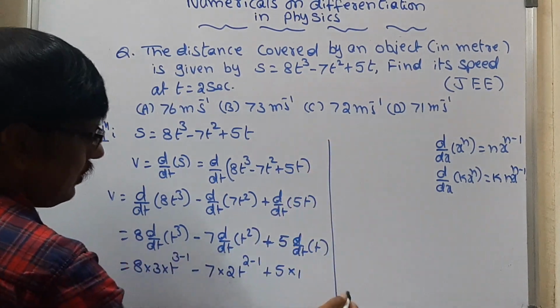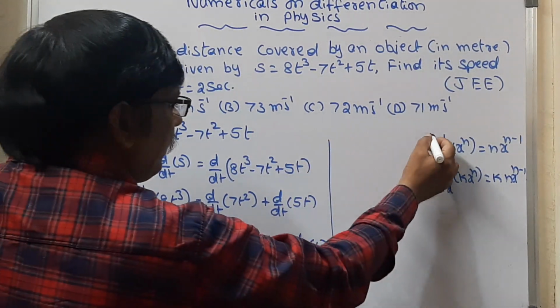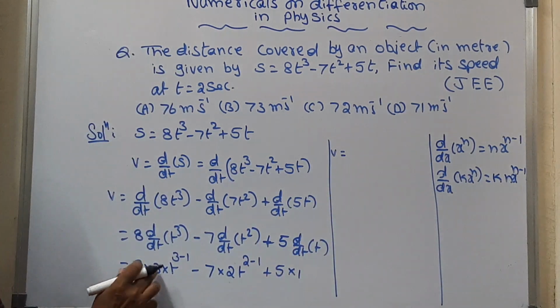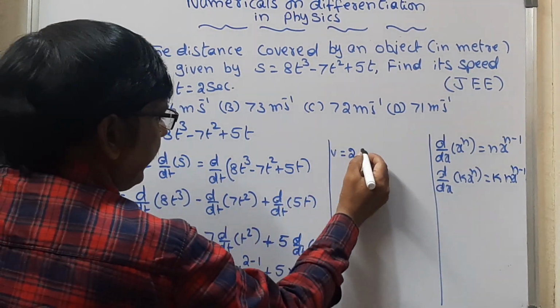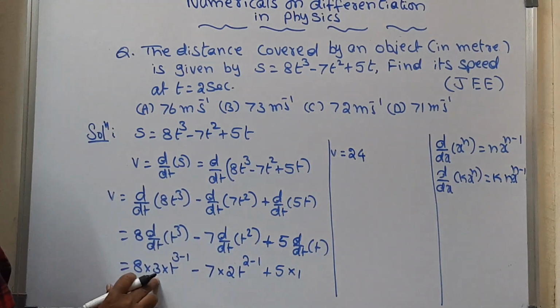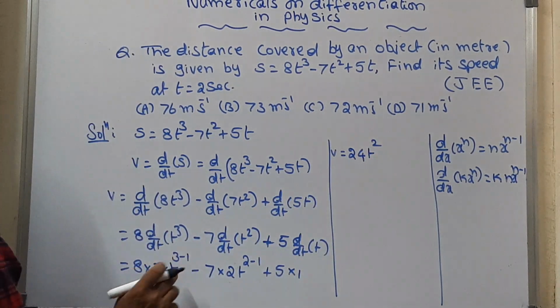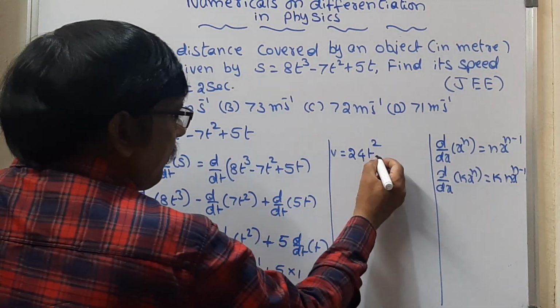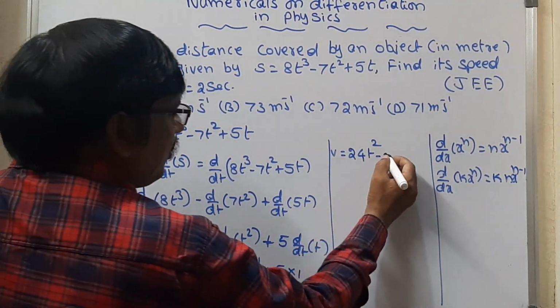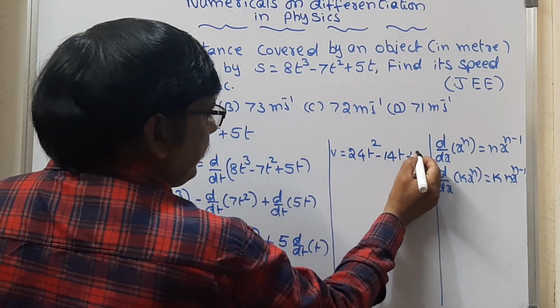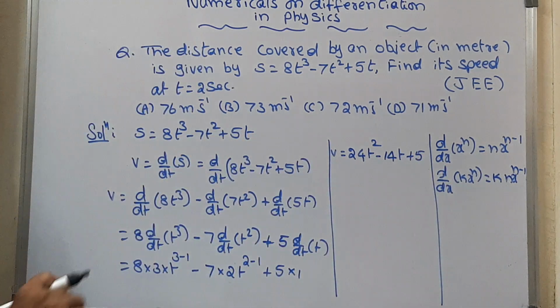So then what will we get now? v is equal to 8 threes are 24, 24t square, because 3 power minus 1 is 2, minus sign, minus 7 twos are 14, 14t, plus 5. And this is the velocity or speed that we got.